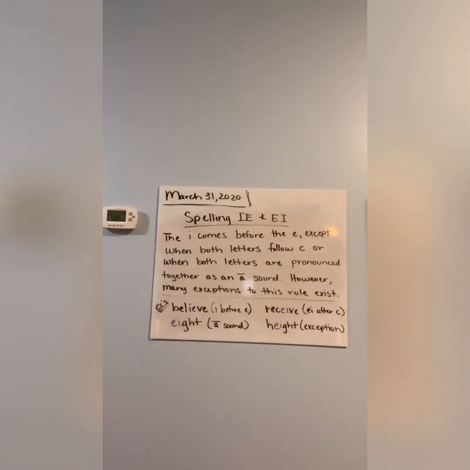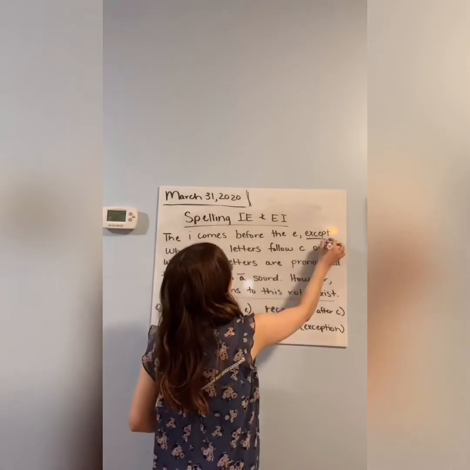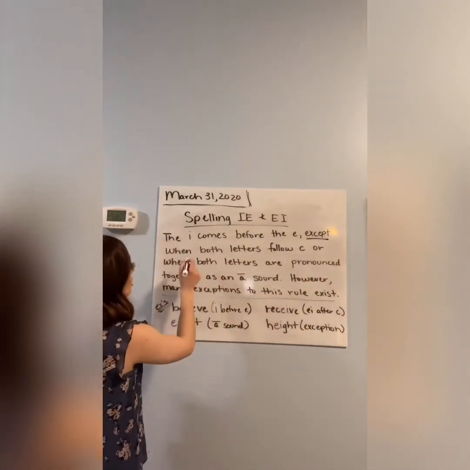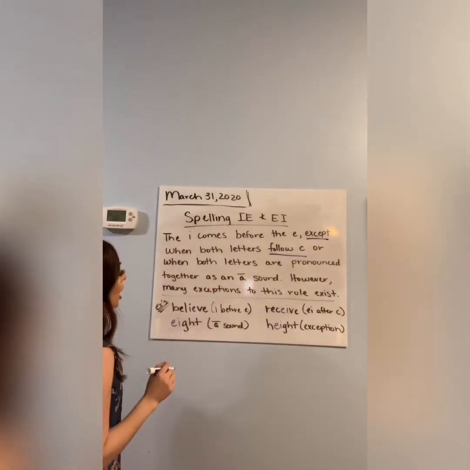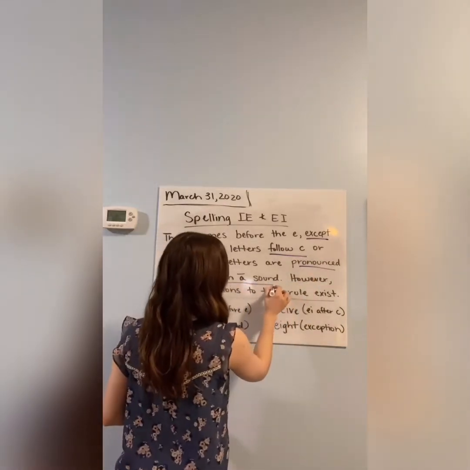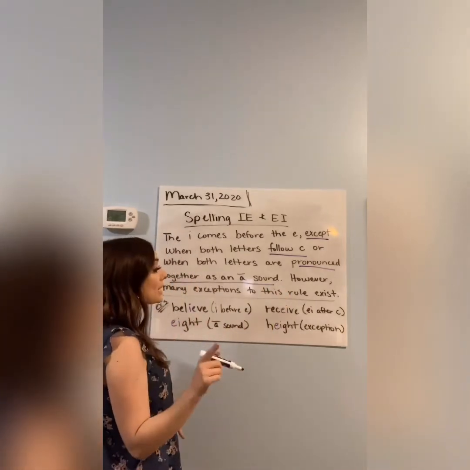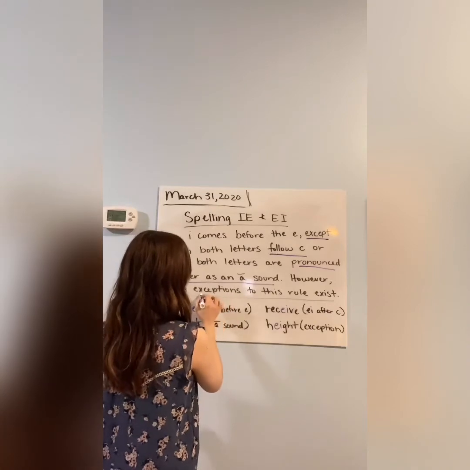When you're working with I-E and E-I, the I comes before the E, except when both letters follow C, or when both letters are pronounced together as an A sound. And also there are many exceptions to this rule. So many exceptions to this rule exist.